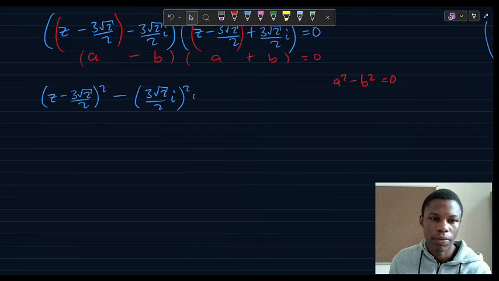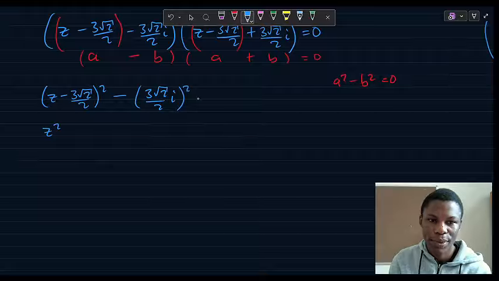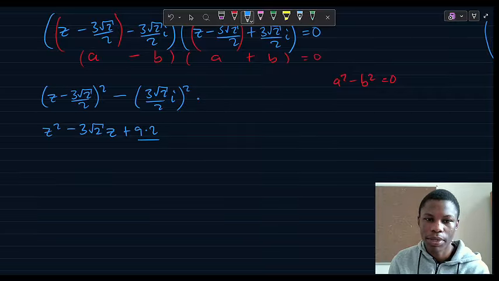So now let's simplify this. So square the z, that's z squared, then 2 times z times minus 3 root 2 over 2, so minus 3 root 2 z, and then square the last term, so be careful there. Square the negative sign, it becomes positive. Square the 3, it becomes a 9. Square the root 2, it becomes a 2. Square the 2, it becomes a 4, right?